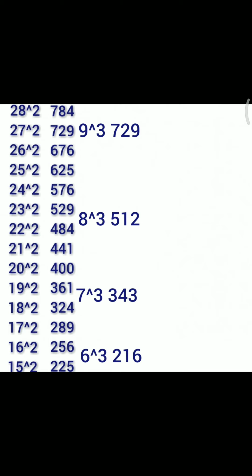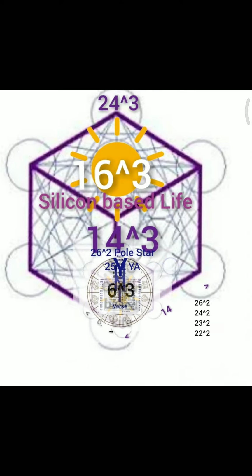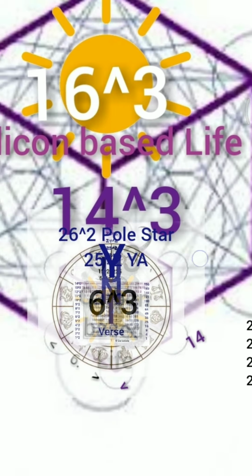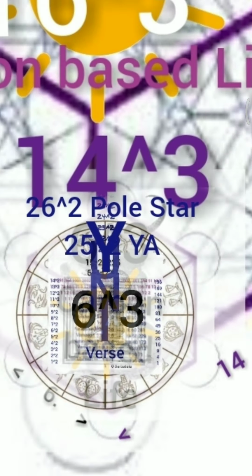So from 6 cube to 9 cube, it is what is known as space. And there are so many constellations, galaxies between 6 cube and 9 cube. So when we say this is universe, that is why we call it universe. 21 is U, N is 14, I is 9. That is Mars.